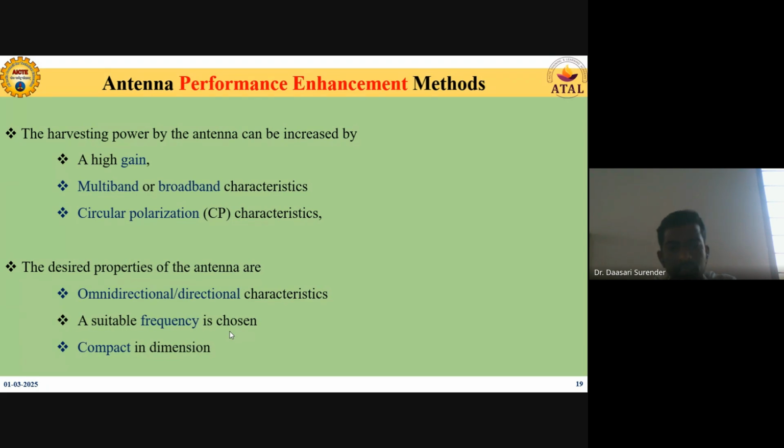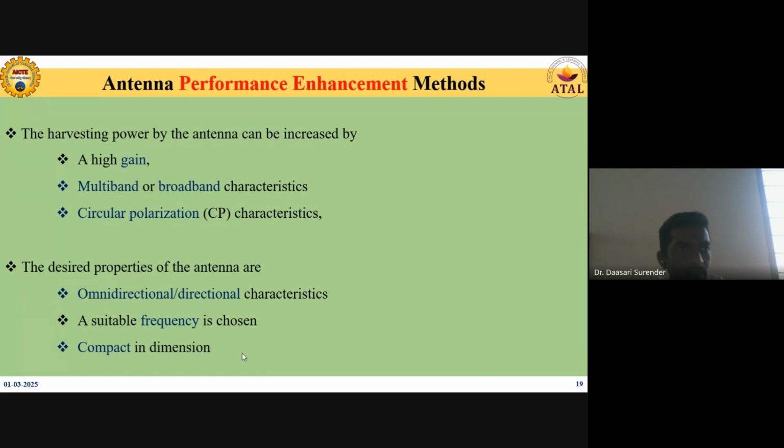And here the circular polarization also plays a major role, because if a polarization mismatch is there, then we cannot receive the maximum of the transmitted energy by the rectenna system, by the antenna.